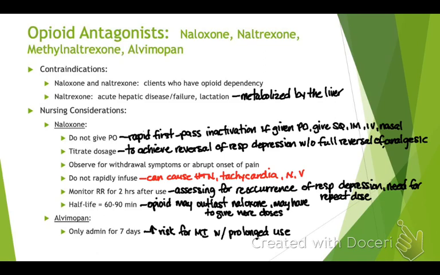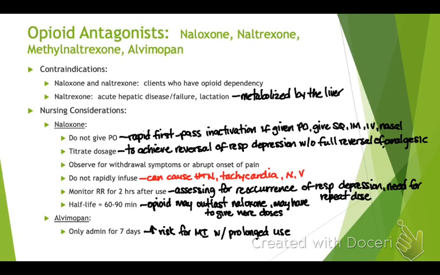Nursing considerations that you do want to consider with naloxone: you do not give it PO. It has a very rapid first pass inactivation, so if you give it PO, it will inactivate the medication because of the first pass phenomenon.